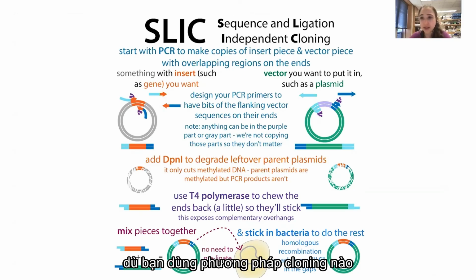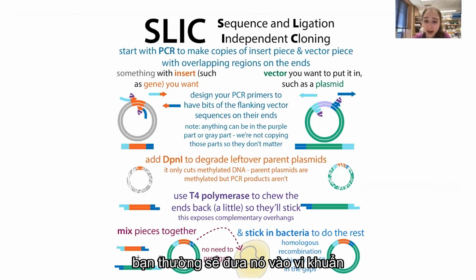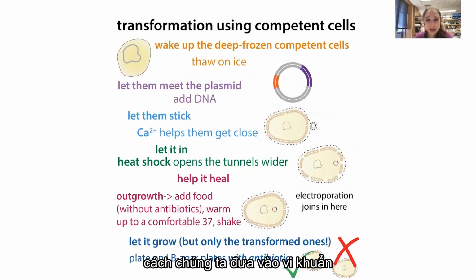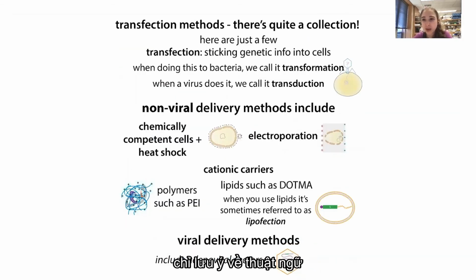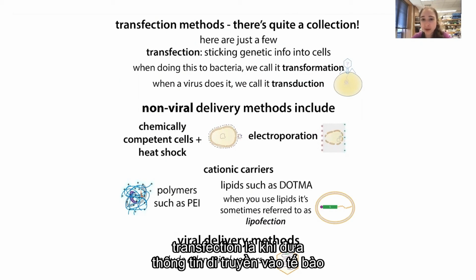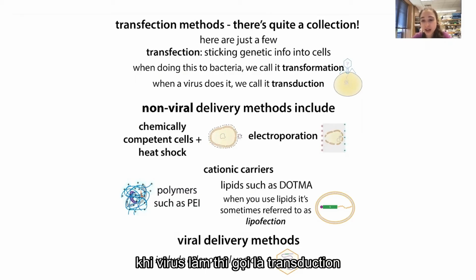Whatever cloning method you're using, you're typically going to be putting it into bacteria, and the bacteria are going to be doing the copying. How we put it into bacteria is typically with transformation, with heat competent cells. Just a terminology note: transfection is when we put genetic info into cells. When we do this to bacteria, we call it transformation. When a virus does it, we call it transfection.